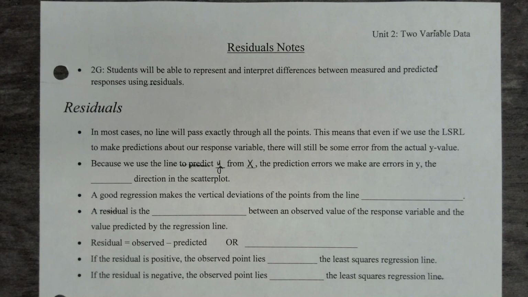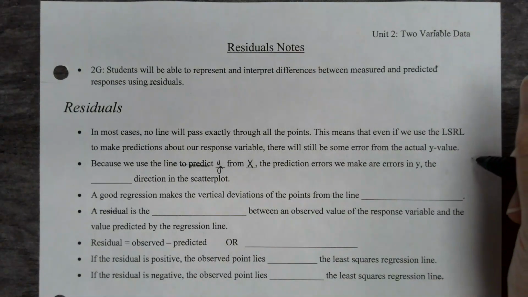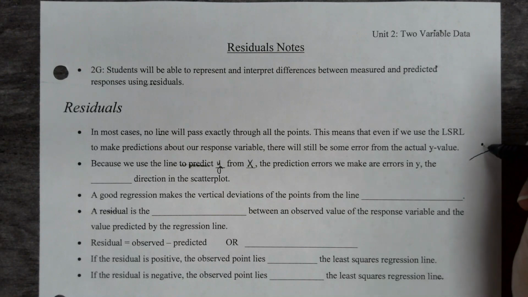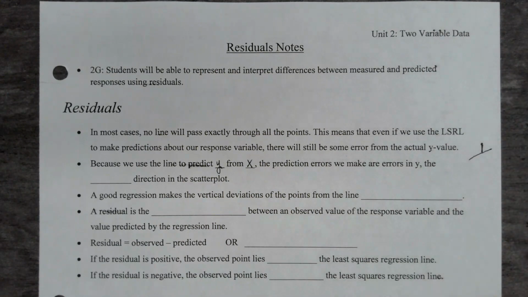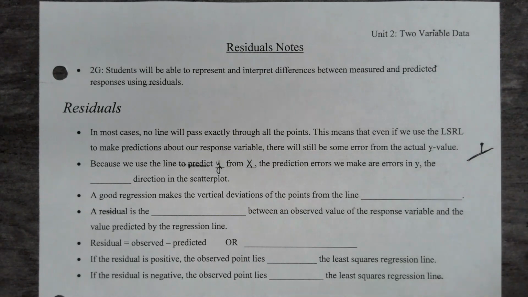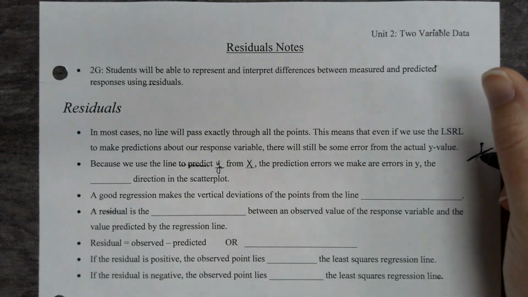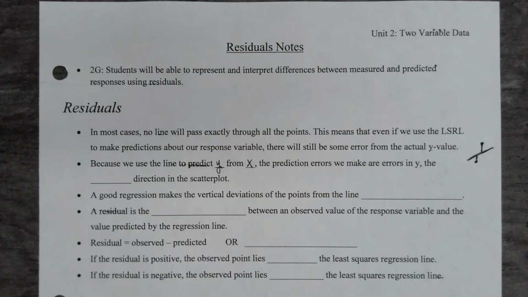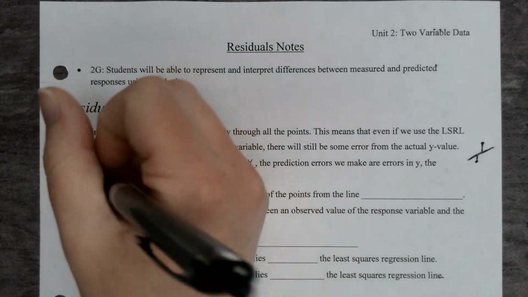So it's always going to be away from our line. Maybe we have a point here, we're looking at the error between the point and the actual line of best fit or least squares regression line. Or we have maybe one point that's lower, and then we have that error in the vertical direction.